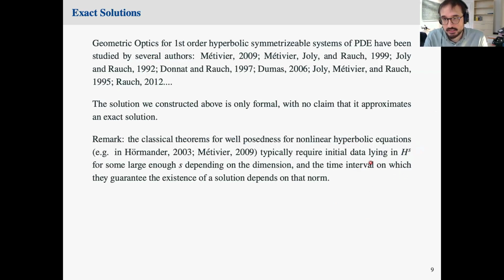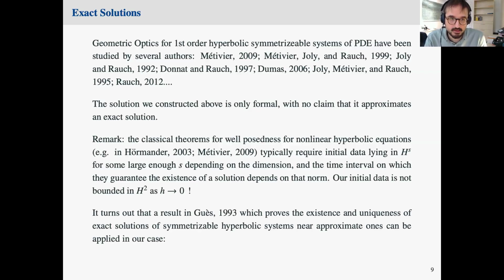And the time interval on which you can get existence and uniqueness of a solution depends on that norm. But for us, because we have these highly oscillatory solutions, our data is not even bounded in H2 as h goes to 0. So the H2 norm of our initial data blows up for h small.